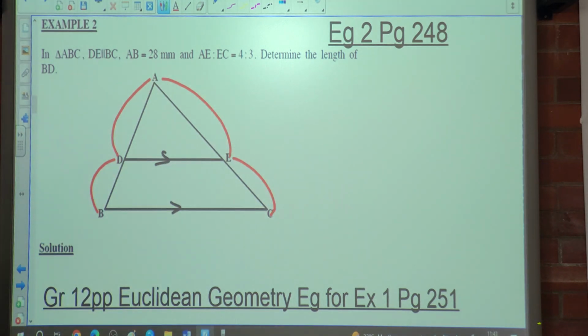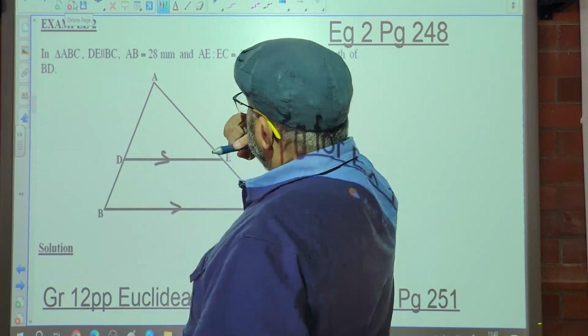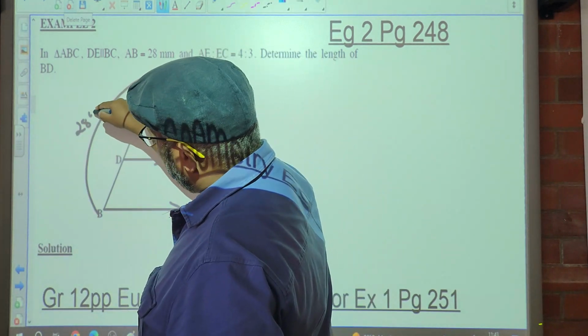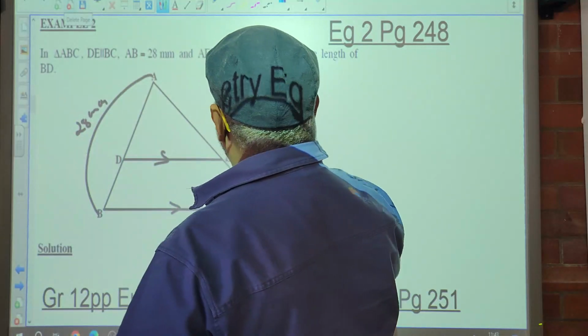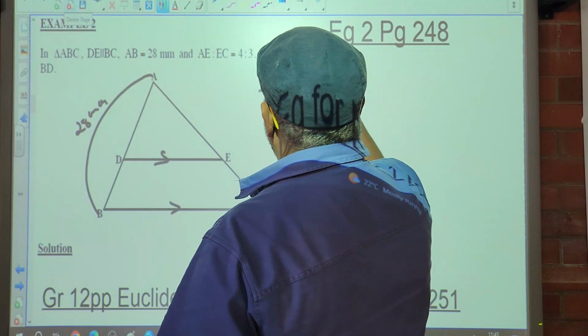Okay? So with that in mind, we are also told that AB is 28. So that is 28. Then we are told that AE is to EC as 4:3.